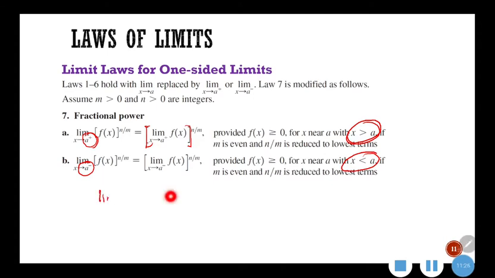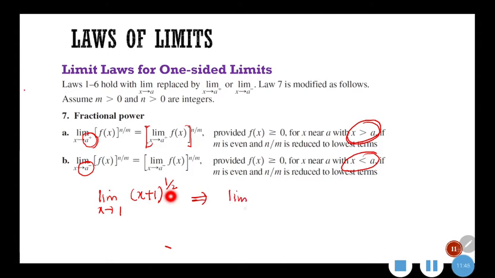Let's say the question asks you to find the limit as x approaching 1, for example, of (x plus 1) to the power of 1 over 2. For this case you can simplify the function.